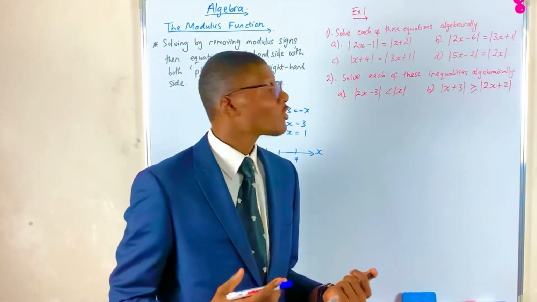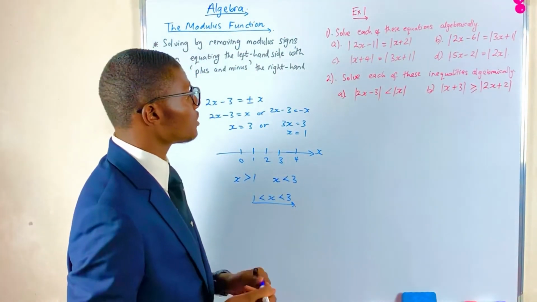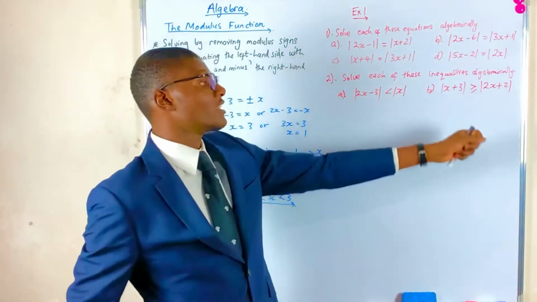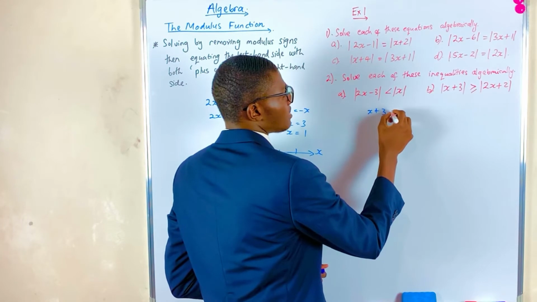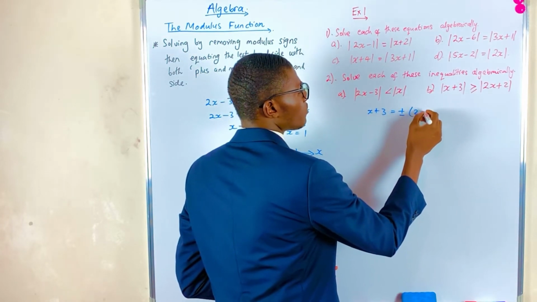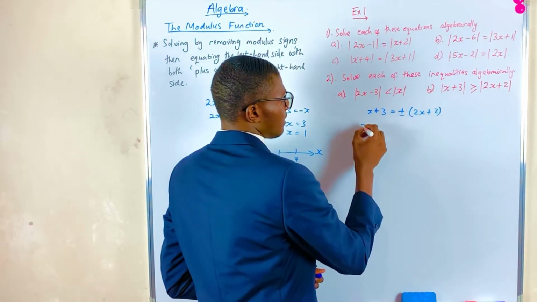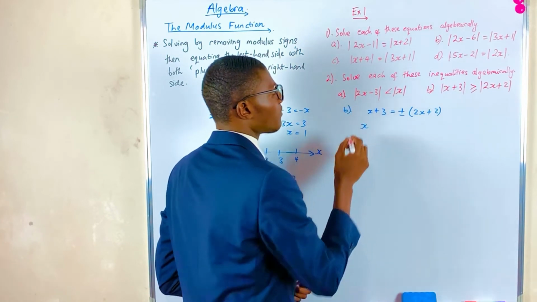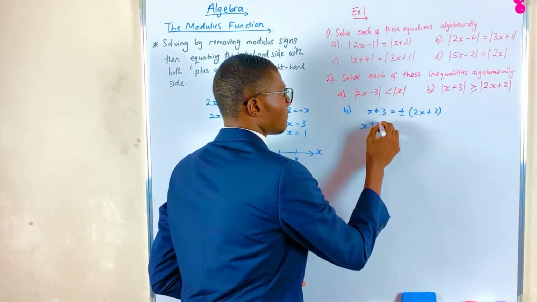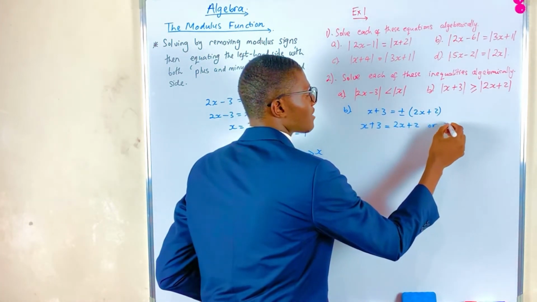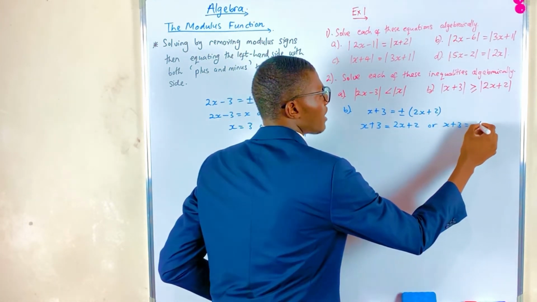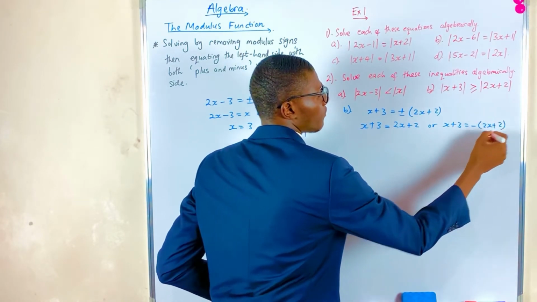And then now moving on to the last part, which is 2b. First of all, we shall find the critical values, where x plus 3 is equal to plus or minus 2x plus 2. Then x plus 3 is equal to 2x plus 2, or x plus 3 is equal to minus 2x minus 2.